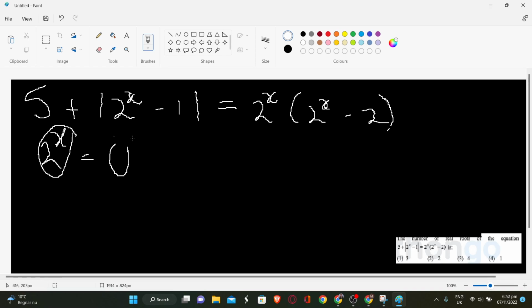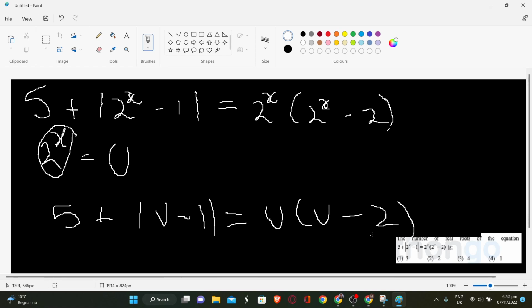So we're going to replace all of these variables. I'm going to go really fast now. u minus 1 equals u times u minus 2, which is equal to u squared minus 2u.